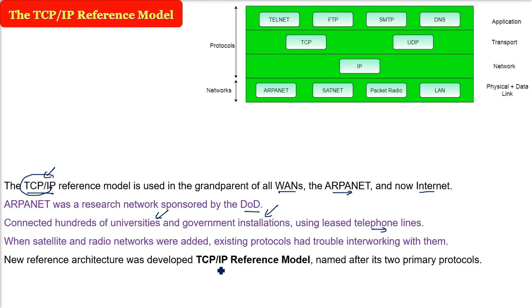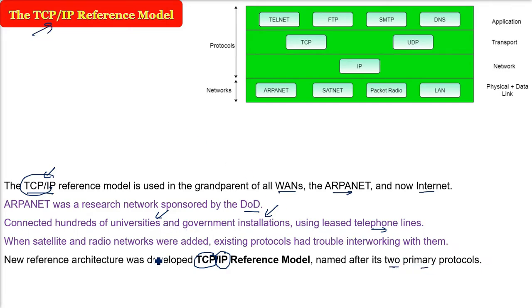And this TCP/IP reference model has come from two primary protocols that were used in the earlier internet, that is the Transmission Control Protocol and Internet Protocol. These two were so popular that the reference model was named the TCP/IP reference model, right?